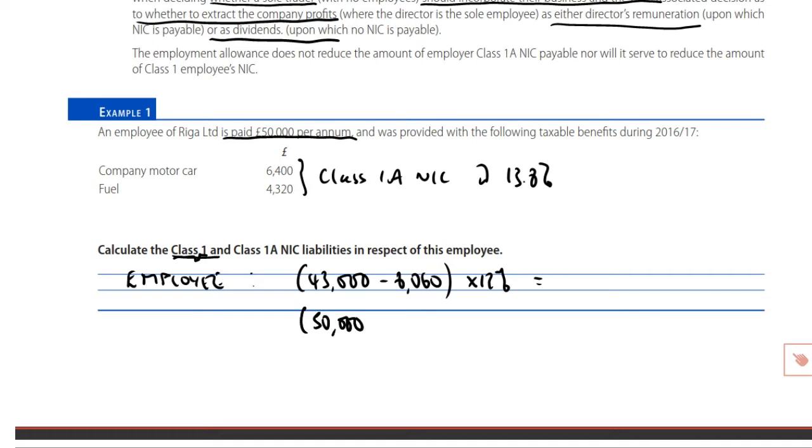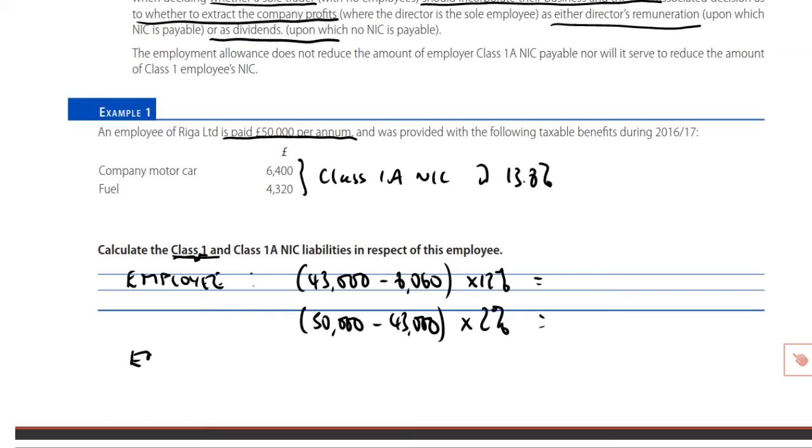Above £43,000, up to the level of the salary of £50,000, so £50,000 minus £43,000, benefits from the lower employee rate of 2%. If we do those calculations, that will tell you how much is payable by the employee in respect of the employee's employment income.